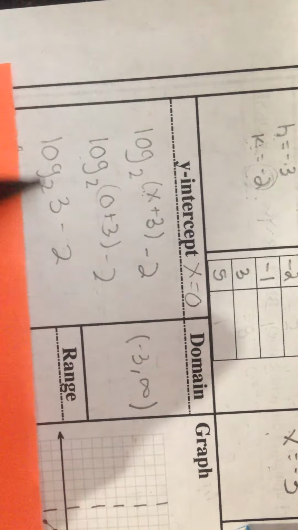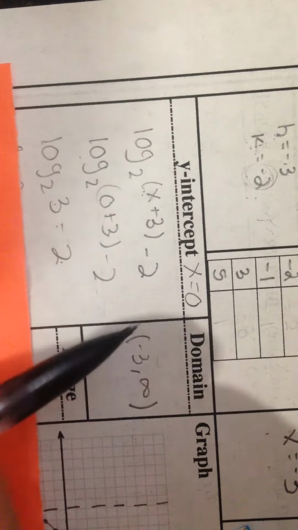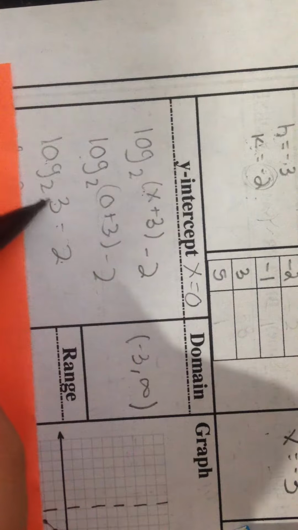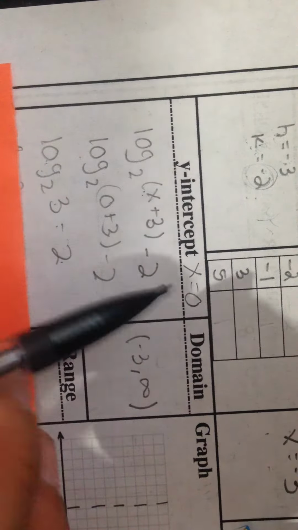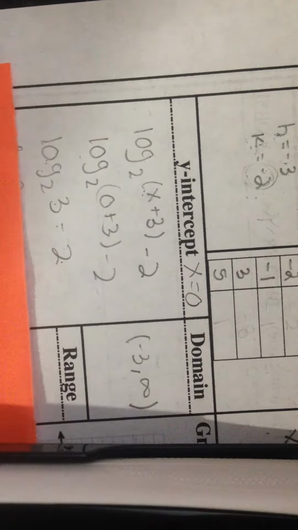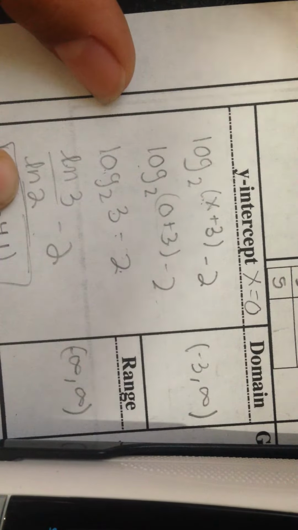We simplify it: log base 2 of 3, minus 2. And since we don't know the actual answer for this, we'll plug this into our calculator in the way of natural log of 3 divided by the natural log of 2.